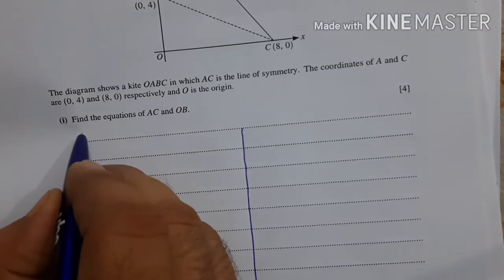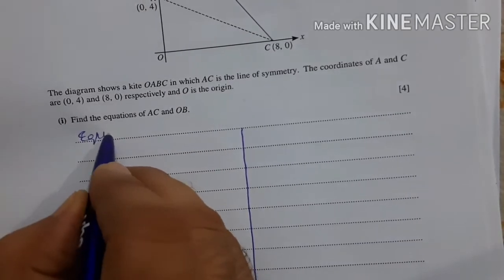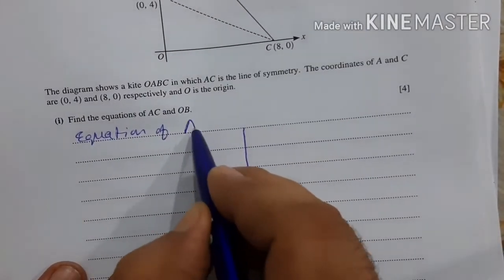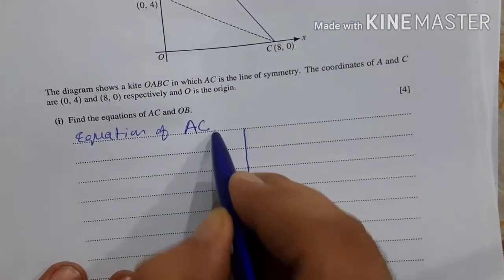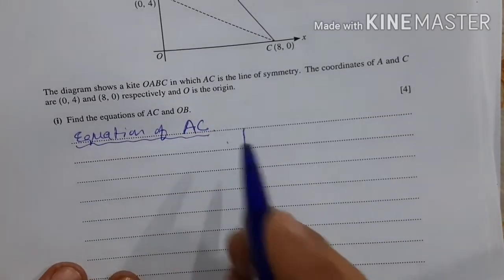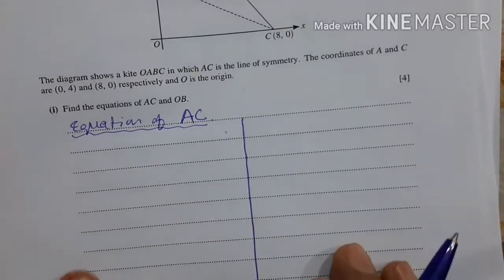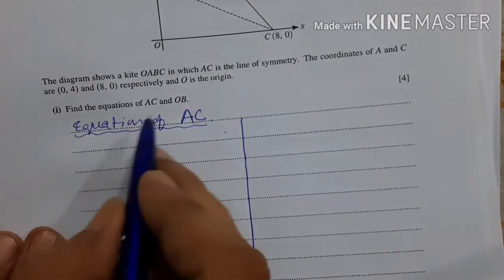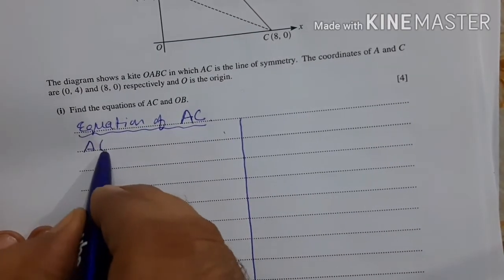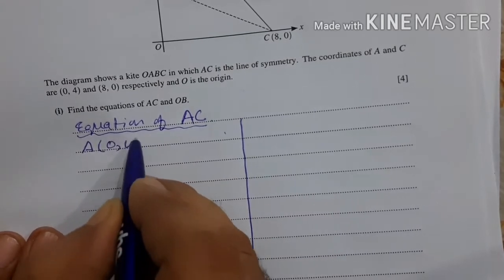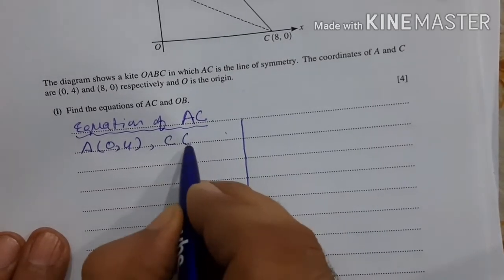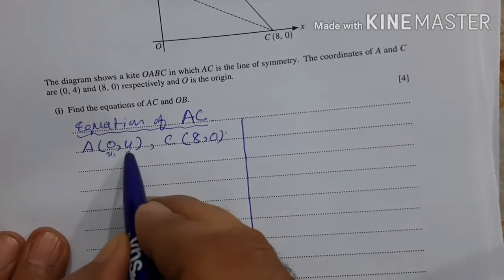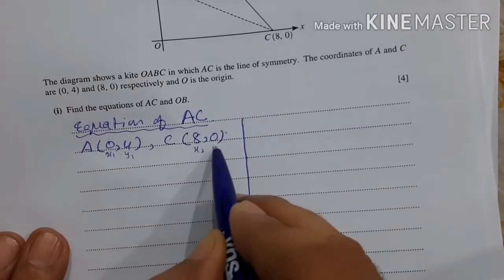Equation of AC. First of all, I'll find the equation of AC. For this, I've got 2 points. A's coordinates are 0, 4 and C's coordinates are 8, 0. So this is x1, y1, this is x2, y2.